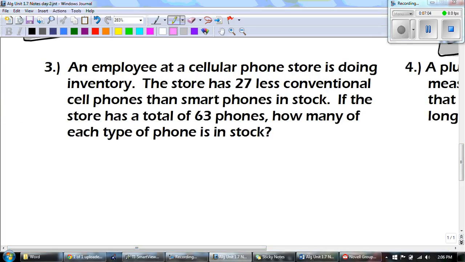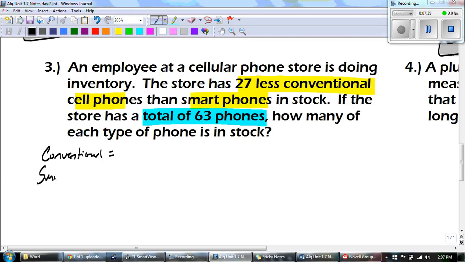Number 3. An employee at a cellular phone store is doing inventory. The store has 27 fewer conventional cell phones than smartphones. The total is 63. How many of each type? Do you guys know what conventional is? That's just ones with buttons and no smart screen or anything like that.